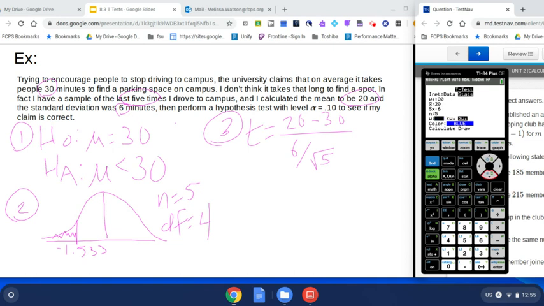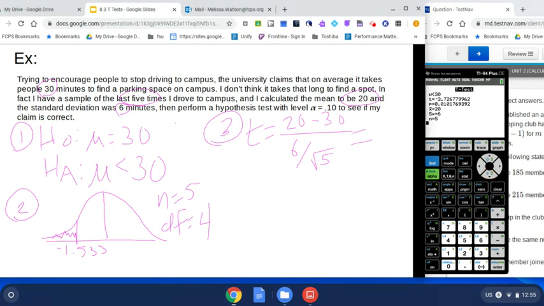And I have a less than alternative hypothesis. And calculate. So that t-test statistic comes out to negative 3.7. I'm going to round that to 2 decimal places. Taking a look at my distribution, negative 3.7 is going to fall out here somewhere.